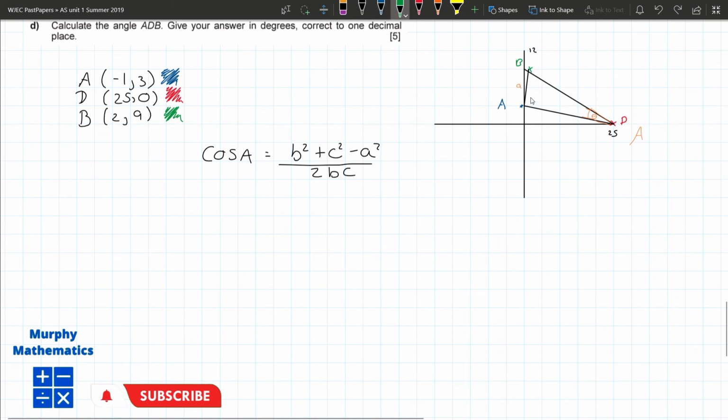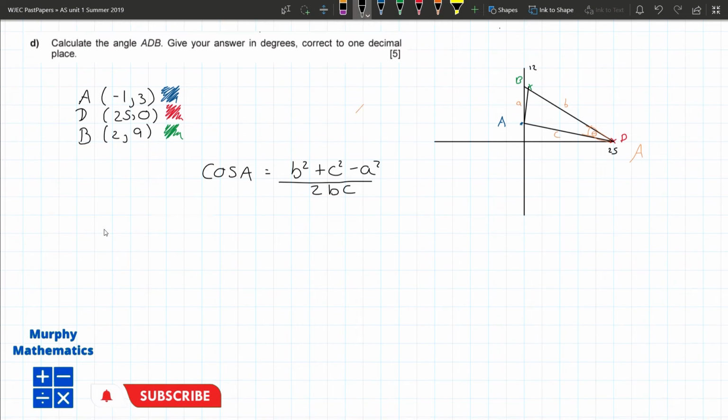And it doesn't matter which one we call B and C, so I'll just call this one B, this one C. I know that little a will equal the length of AB. I know little b will be the length of BD. And I know little c will equal DA, the length of DA.